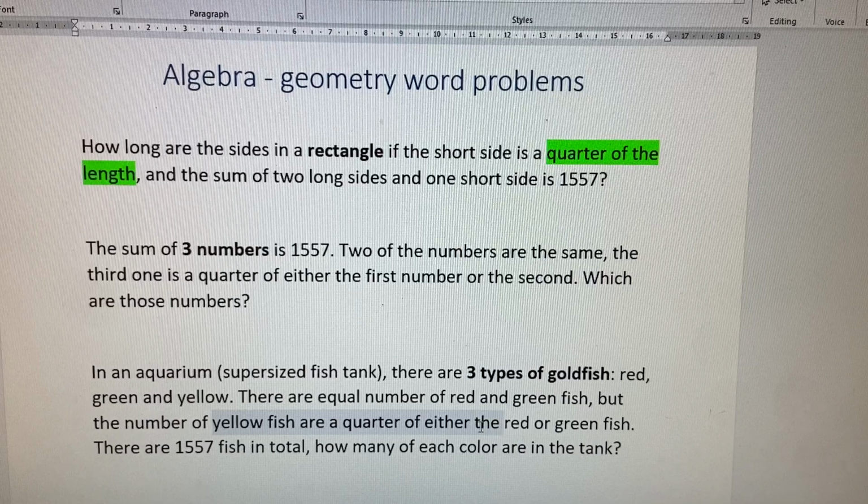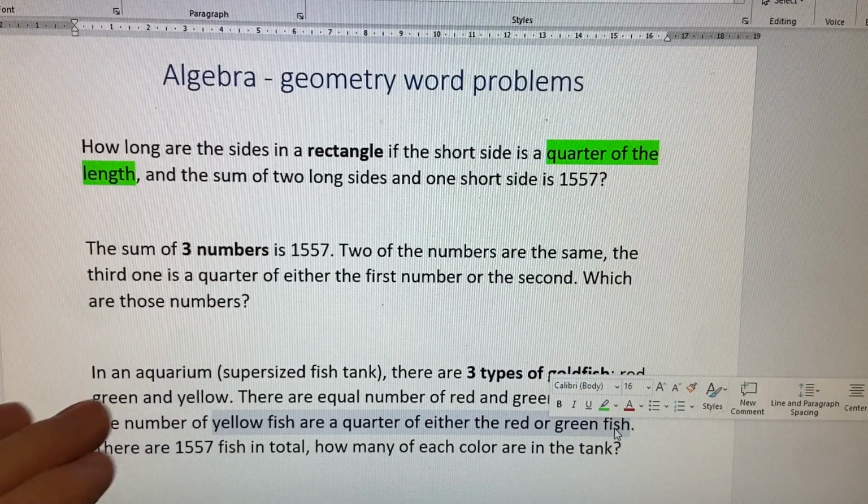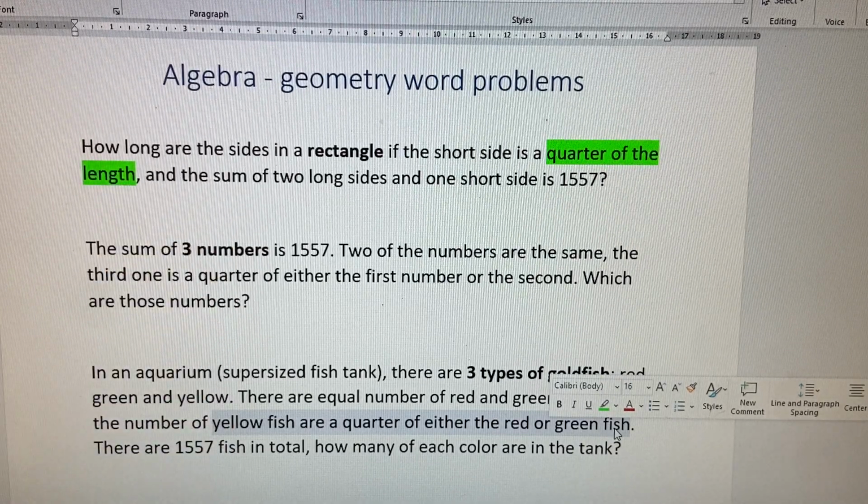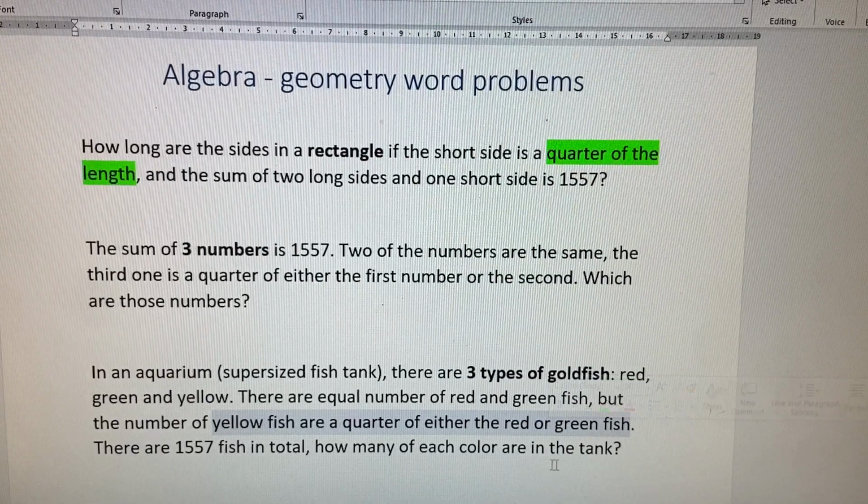They are a quarter in number of either the red or the green fish. So you can see that these three math problems or word problems are exactly the same. They're just worded differently. So how do we solve these without algebra first?